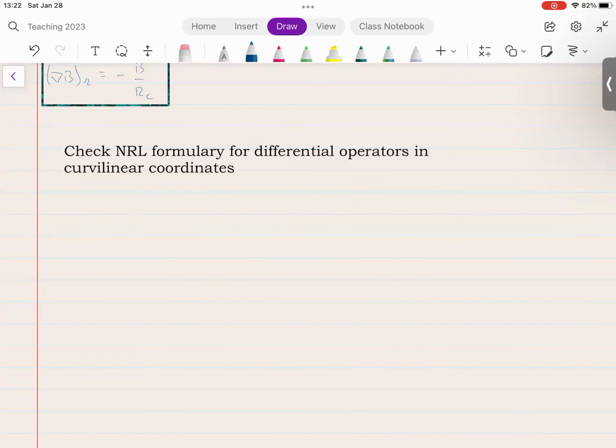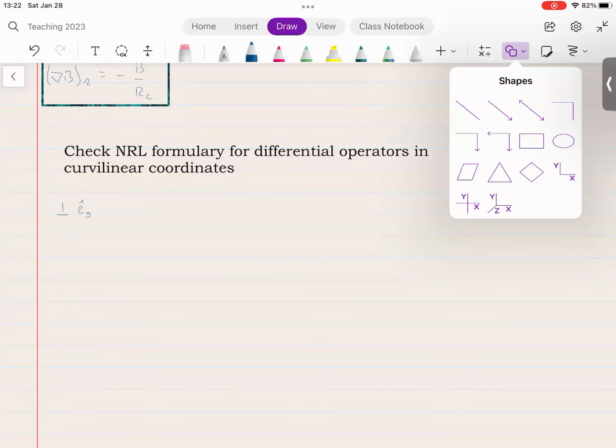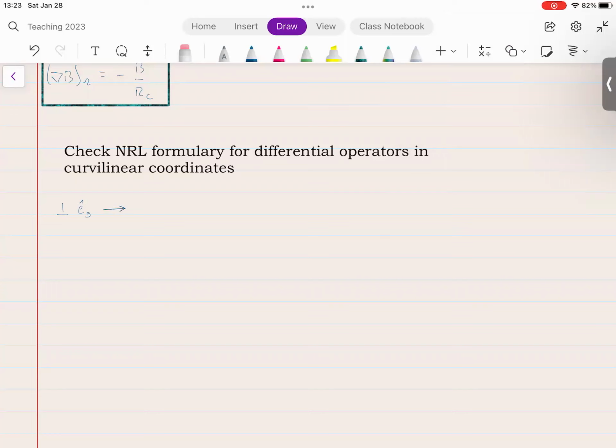And in general, the direction perpendicular to the magnetic field is going to have components in both R and Z. There's going to be something like alpha e sub R hat plus beta e sub Z hat.